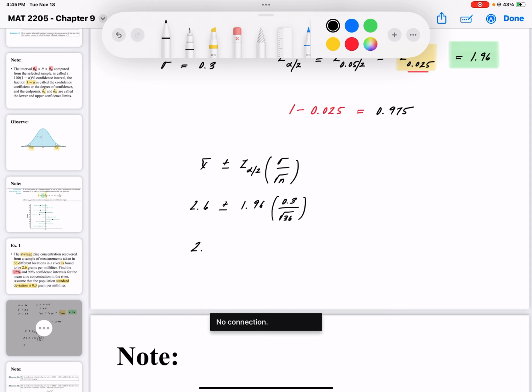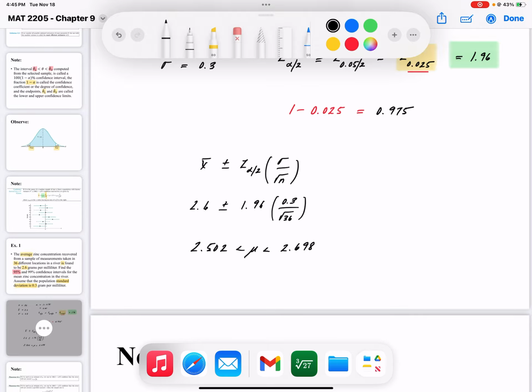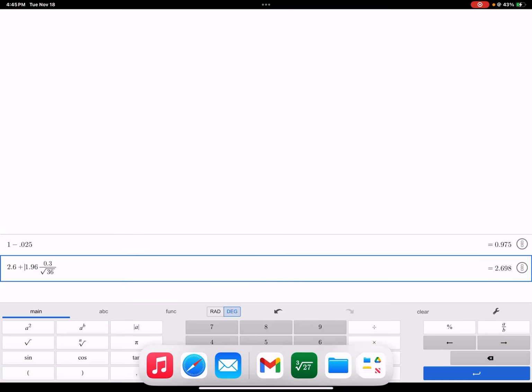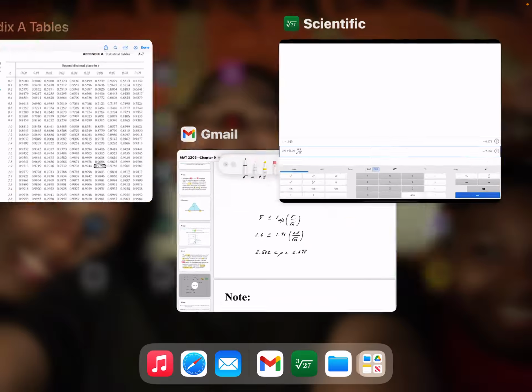Lower endpoint, 2.502. And our upper endpoint is 2.698. All right, so I believe that's it. Let's just check and see. Yep, 2.698. And I believe that first was 2.502.